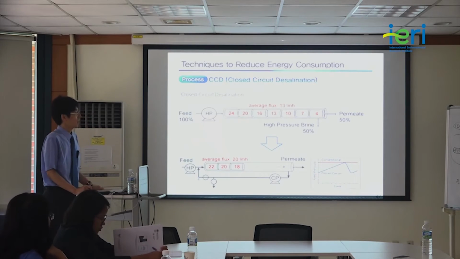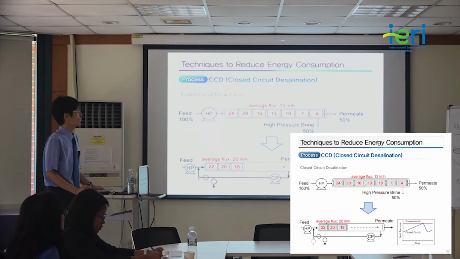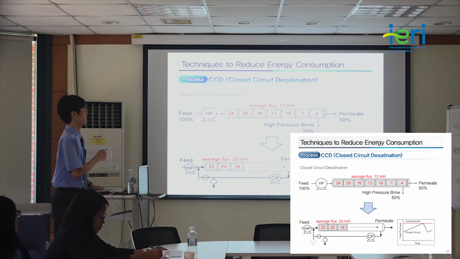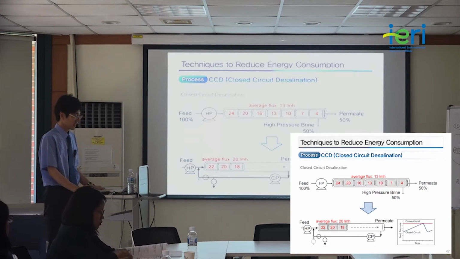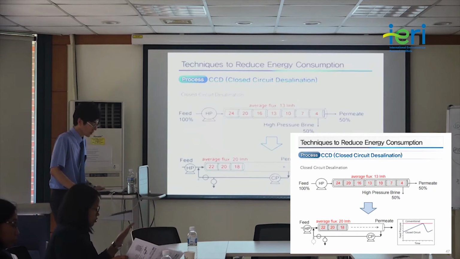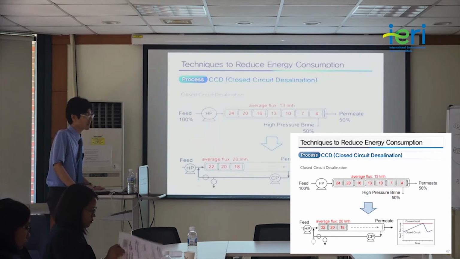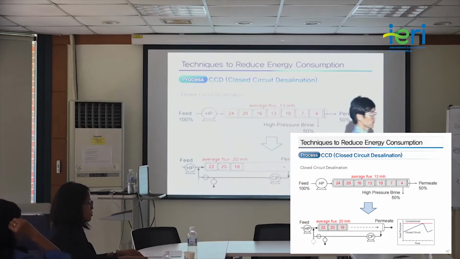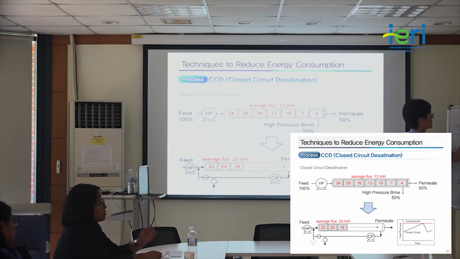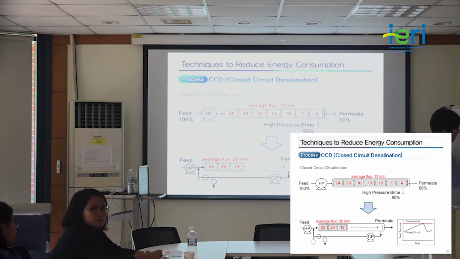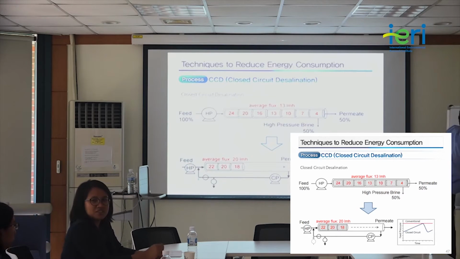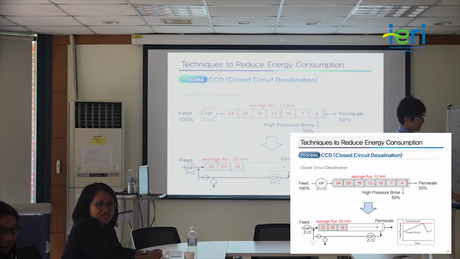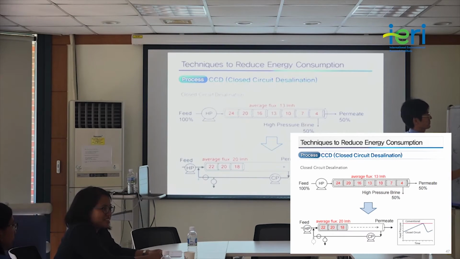Another modern approach to reduce energy consumption is closed circuit desalination. This is also a very difficult concept, but if I just explain in an easier way, it shares the same idea that we wanted to reduce the irreversible energy loss in a system.